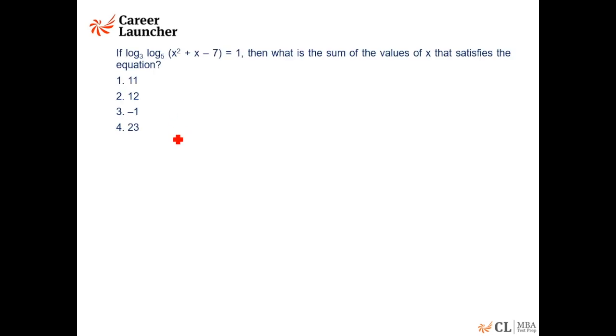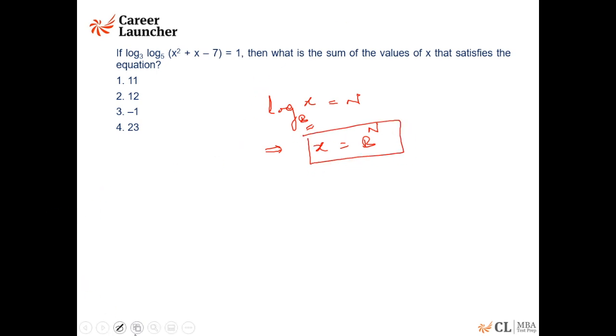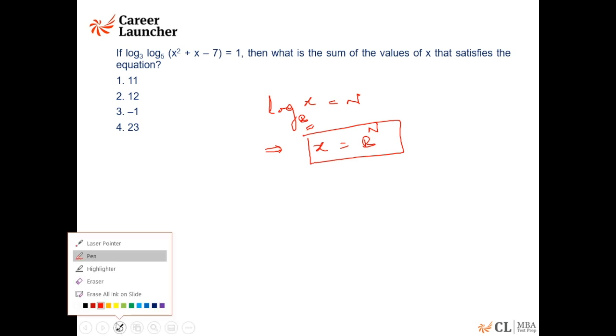Now the log question, a simple question of logs. It uses the basic concept that if log of x to base b is equal to n, this means x will be equal to the base to the power of the number n. This is the basic concept being used in this particular question. Now let's look at the question.